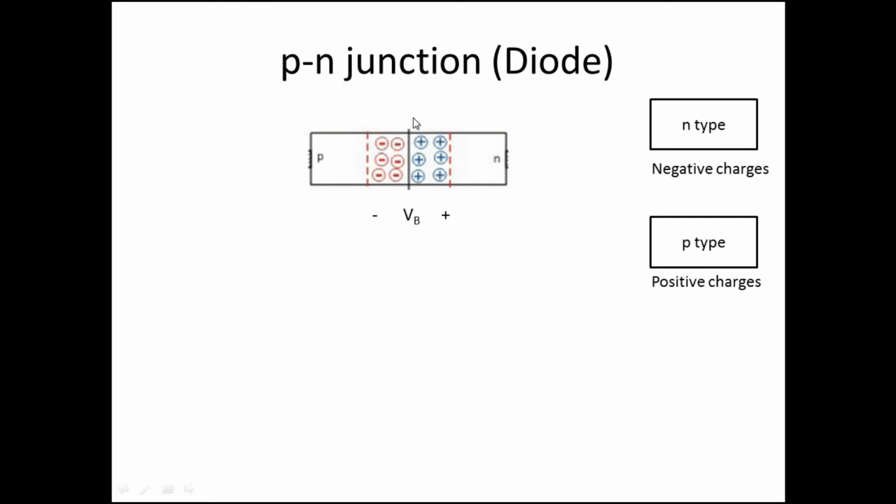This region is called the diffusion region or space charge region, and it depends upon the doping. If it is lightly doped, meaning the impurity addition is less, this region will be very large, and if it is heavily doped, this region will be very small.